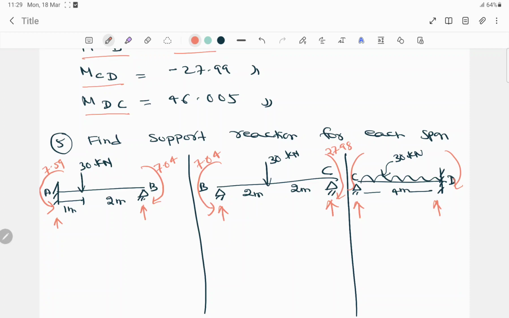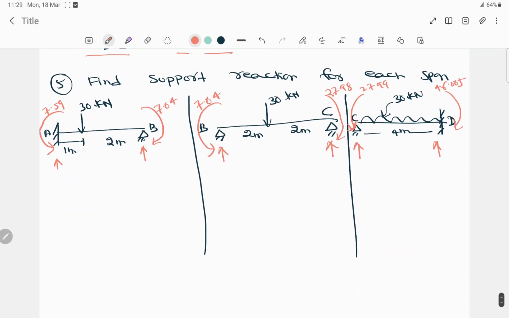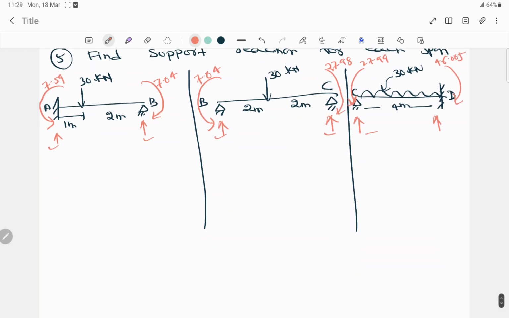C to D is anti-clockwise, that is 27.99, and this one is clockwise, so positive, that is 46.005. Now we have to find all the support reactions, that is RA, RB, RC, and RD for each span.